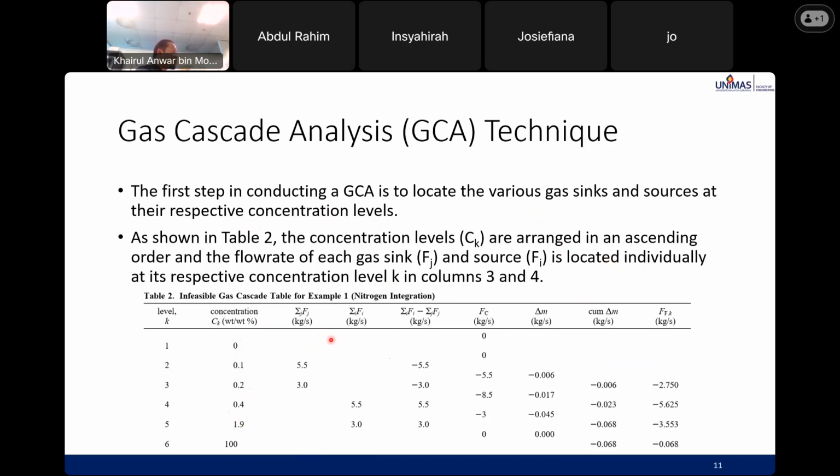So for the sinks and sources, I need to specify 5.53.